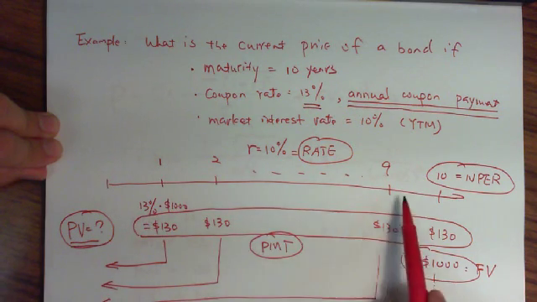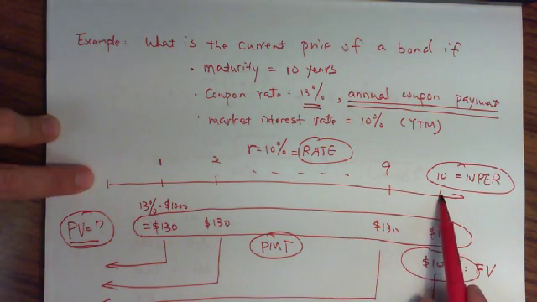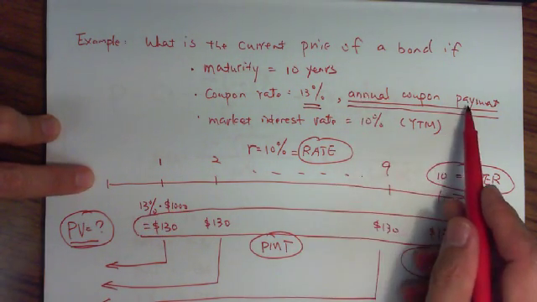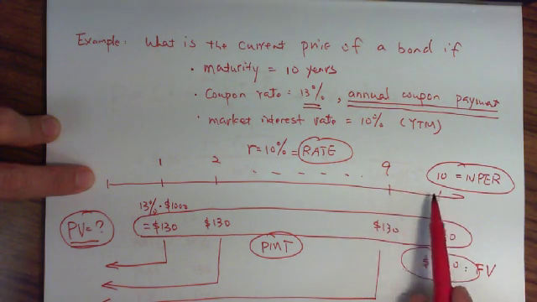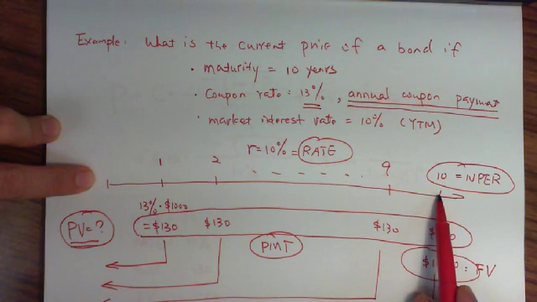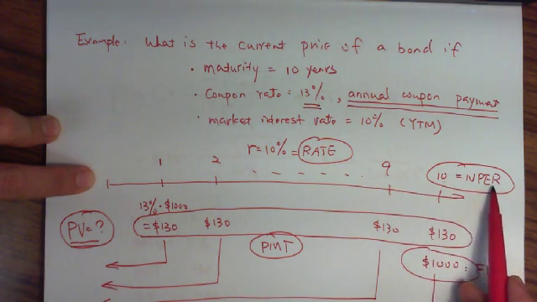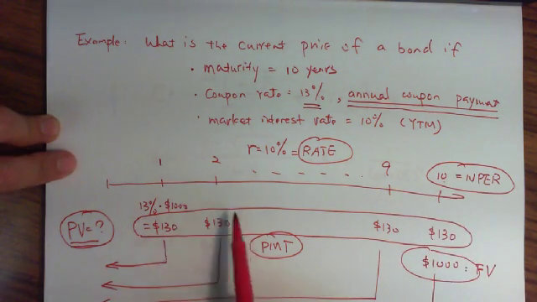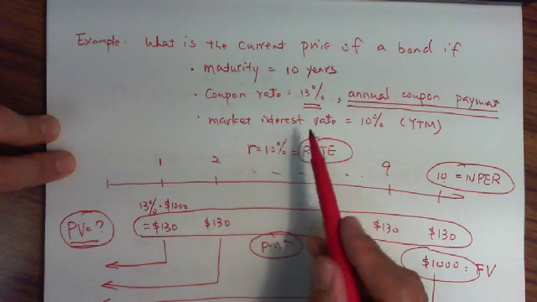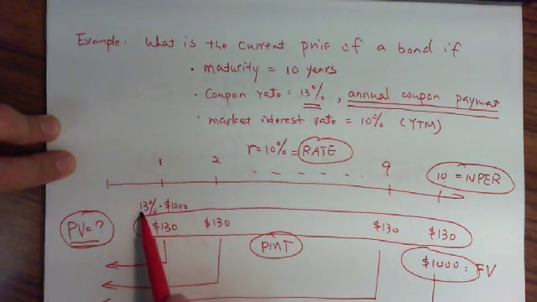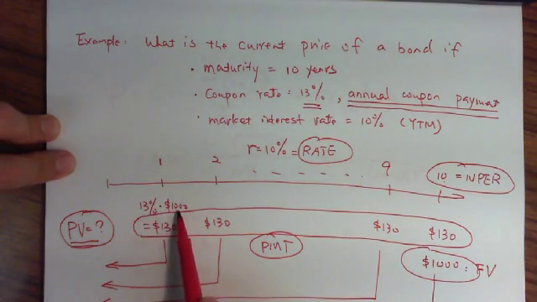So this is the timeline. It has 10 years. Now, because the bond makes annual payments, each year is a period. So there is one payment per year. So we have 10 periods. Now, at the end of each year, each period, the company, as promised, will pay 13% of the par value.